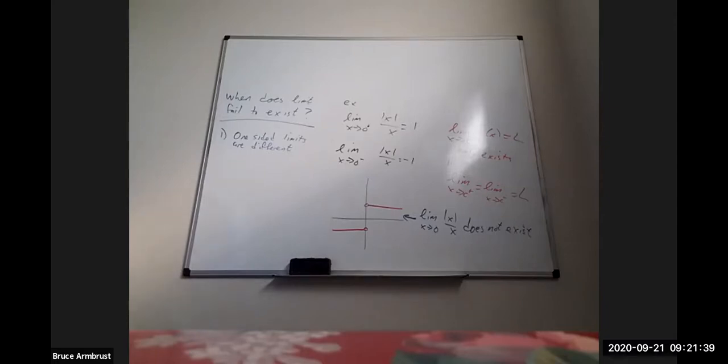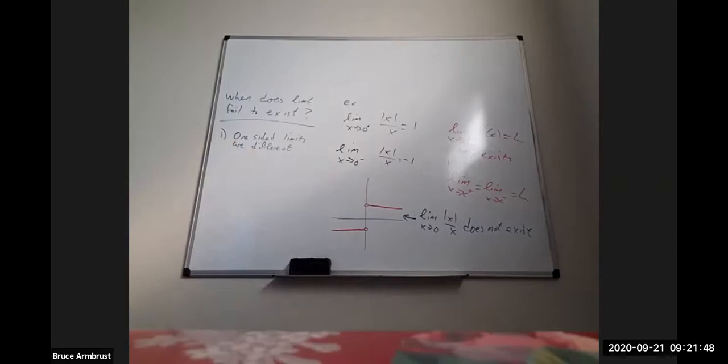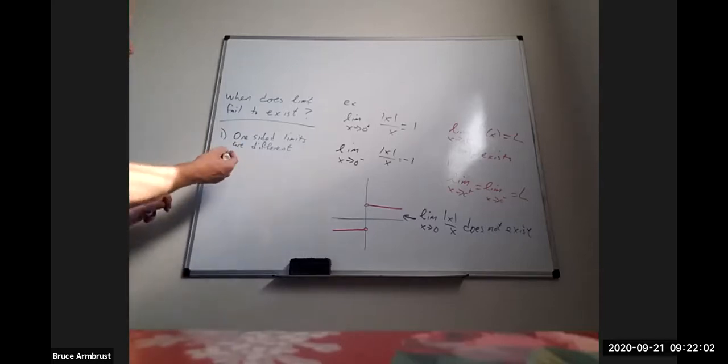On a graph, that means there's always some sort of a jump. We're approaching two different y values, so there's a vertical jump somewhere. That's what you'd see on a graph. In terms of the data, the numerical stuff, you'll just see you're getting closer and closer to two different numbers. All right, so this is one place that limits fail to exist.